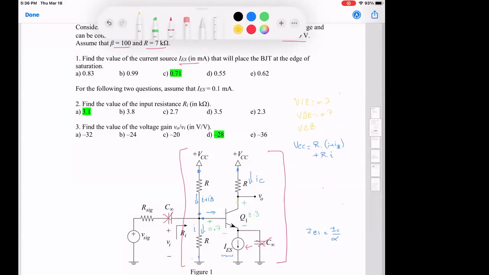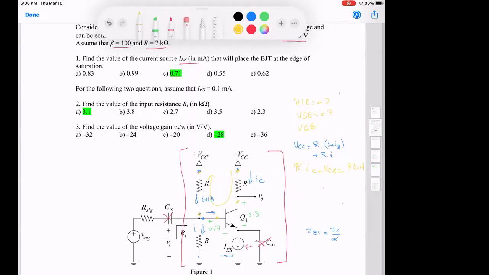And if I know VCB from here to here, then I can say that R times IC plus VCB is equal to R times I plus IB, right? Meaning the delta of the voltage between those two points is the same. Or you do a KVL loop with all of this: minus VCC plus this plus this, okay?